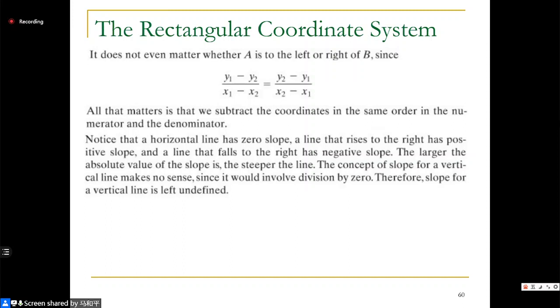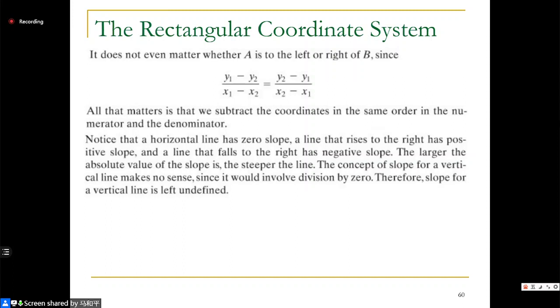Do you remember how to calculate the slope of this straight line? Slope m is equal to y2 minus y1 over x2 minus x1, right?